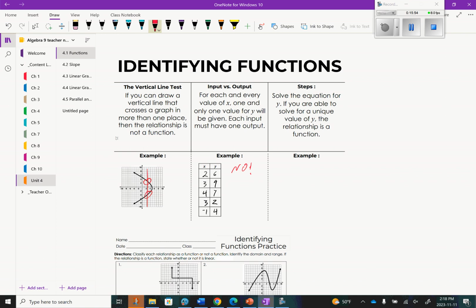Again, this is not a function because right here, when x equals 3, we get two different values for y.